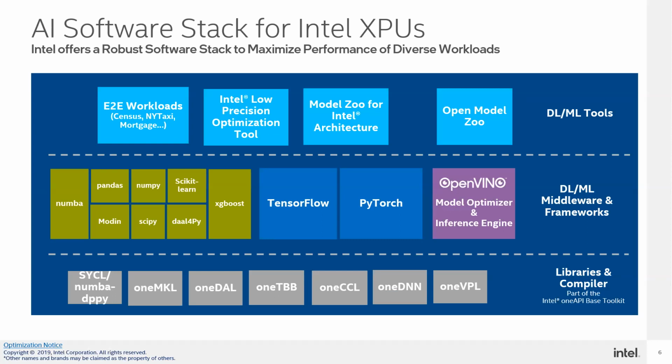And this is the software stack with the analytics toolkit. We can achieve accelerated end-to-end AI and data science pipelines, right, to achieve drop-in acceleration with optimized Python tools built on oneAPI libraries, especially oneMKL, oneDNN, oneCCL, oneDAL, and more.